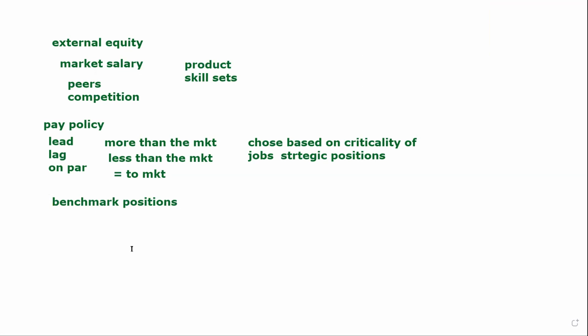Standard. That means you have to actually have those 50 to 60% or 75% of the jobs in your organization which can be compared with the market. That means jobs which are standard, don't change over a period of time, and which have similar jobs in the market. For example, there's an HR manager working in your organization. Now you want to compare him. So obviously you will look at another HR manager of the same size, scale, and similar industry.